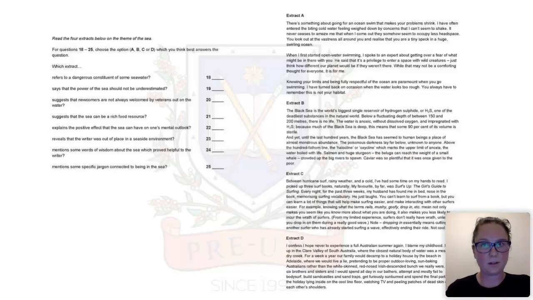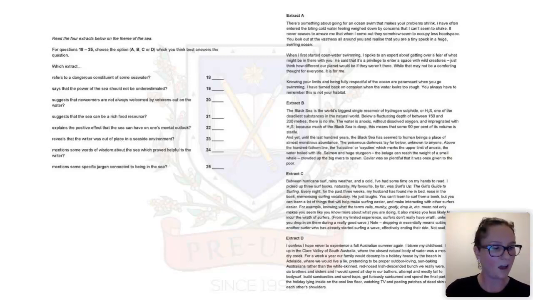These 4 extracts are on the theme of the sea, but they're all different texts. So I'm certainly not going to read through all those, and it's quite small on the screen, but if I just quickly summarize for you, extract A, for example, as a marker, as a teacher, as a person who drafts and creates these tests, these are the types of key ideas I can identify straight away, and I know there'll be questions about them.